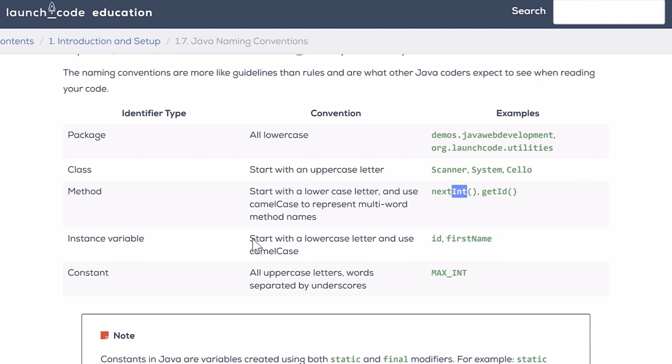Instance variables start with a lowercase letter and use camel case. That's the same thing. Constants are all uppercase letters, words separated by underscores, like MAX_INT. Pay attention to that word constant.